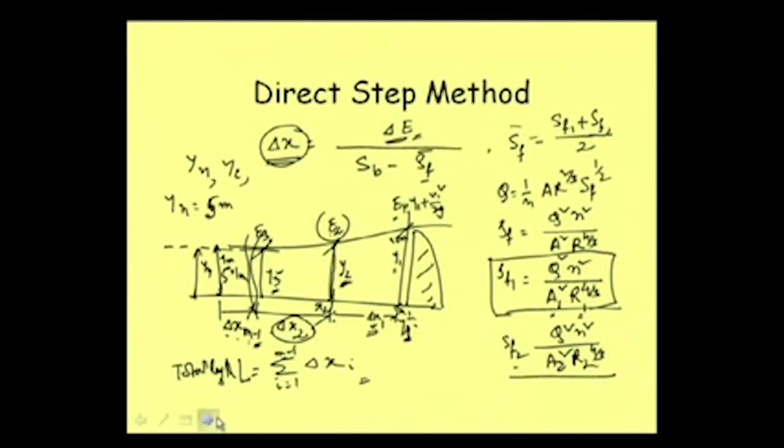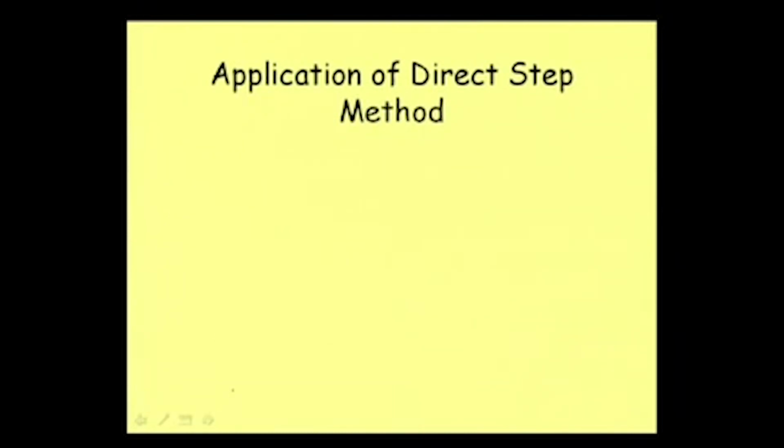Okay. Now, let us see this application of direct step method. I have already explained, and perhaps further explanation is not required at this level. So we have seen how we can compute a gradually varied flow profile using direct step method, but this method has some limitations.